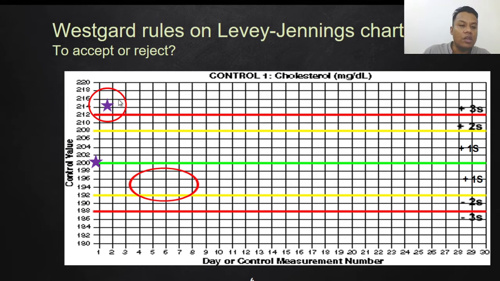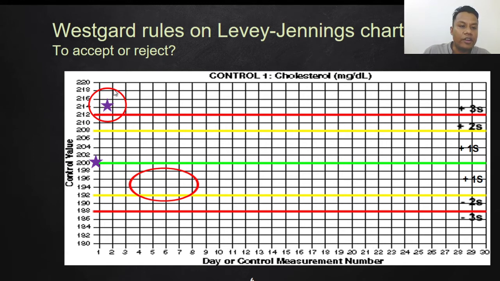We need to investigate what's wrong with the analyzer, what's wrong with the procedure that resulted in giving a value that is very far from the true value. That means it is not accurate.